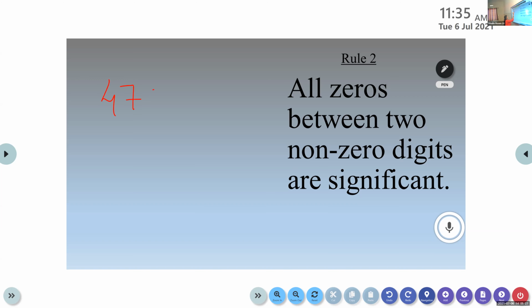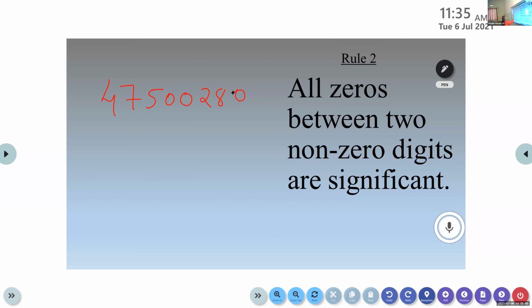4, 7, 5, 0, 0, 2, 8, 0. I will call your name. Rose, identify the significant digits in this value. 5.